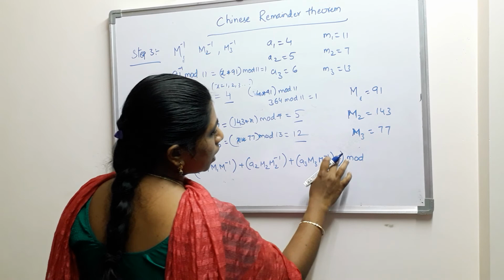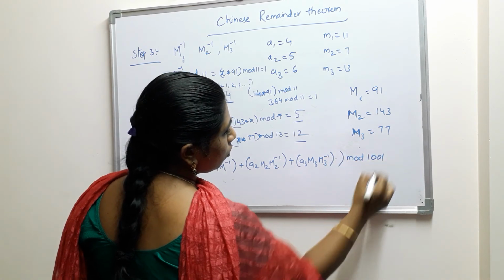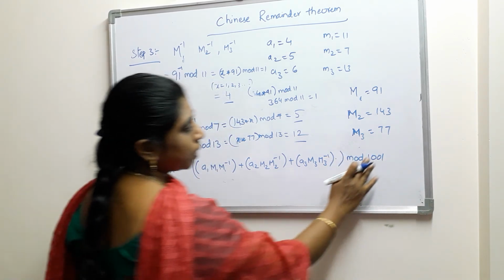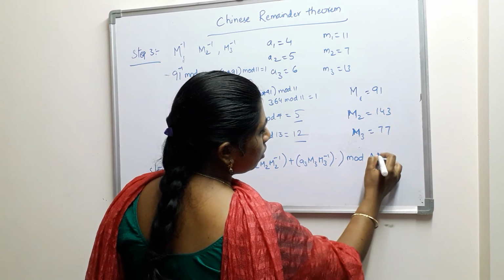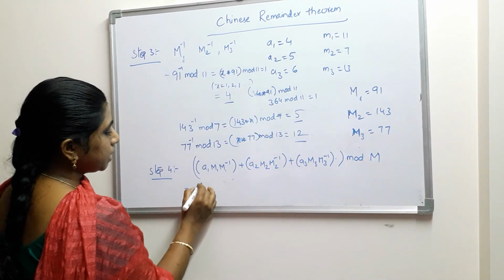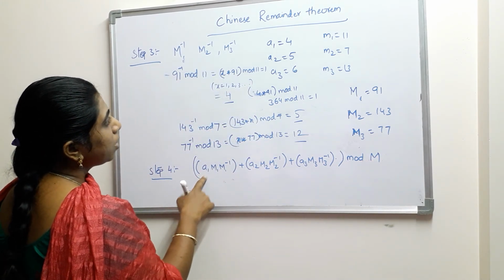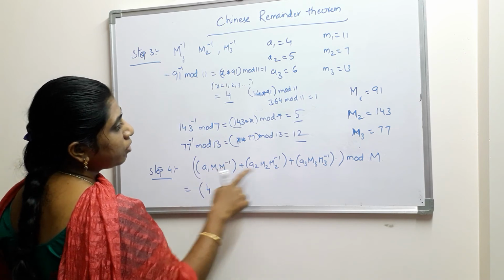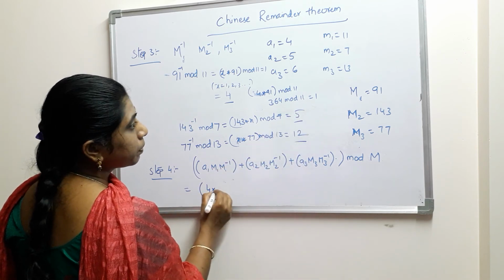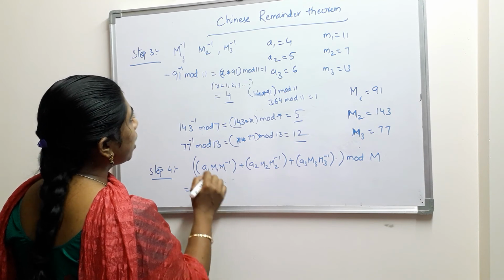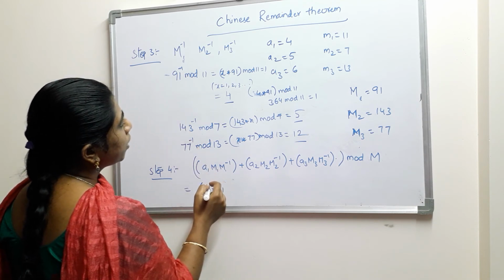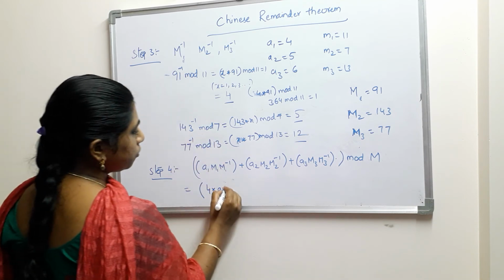Total value, that is 1001, the total M value. So this can be replaced as A1. What is the A1 value? 4. What is the M1 value? Into 91 into M1 inverse. What is the M1 inverse value? That is 4.